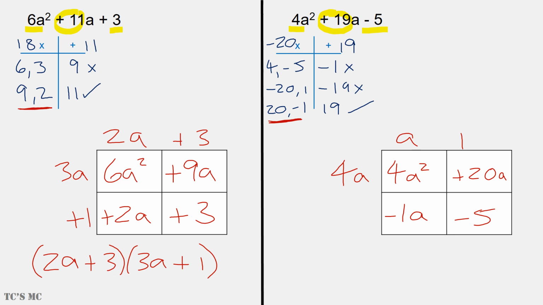It's plus 5. A times what gets you minus 1a? It's minus 1. Again, check the last box works. Minus 1 times 5 is minus 5. So our two brackets are a plus 5 and 4a minus 1. So that's how you factorise.